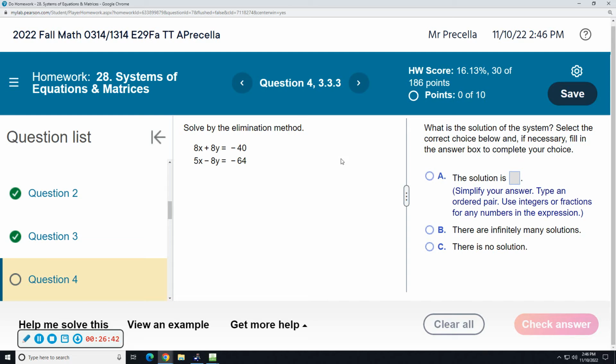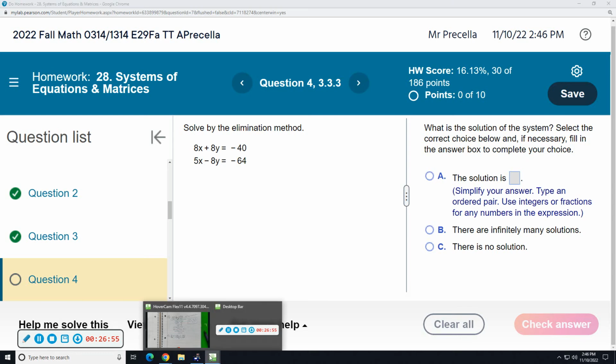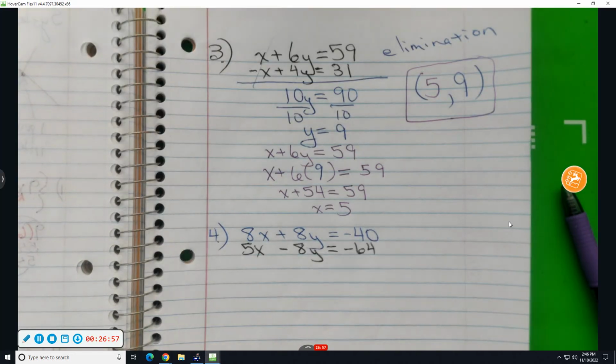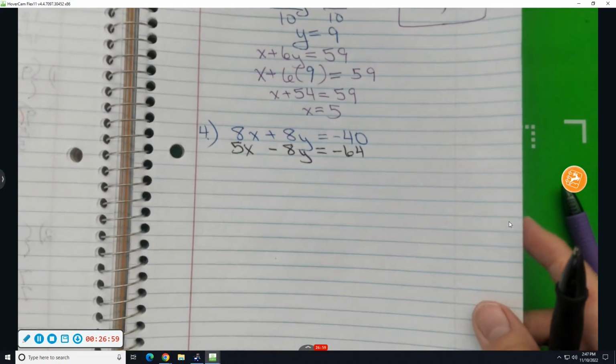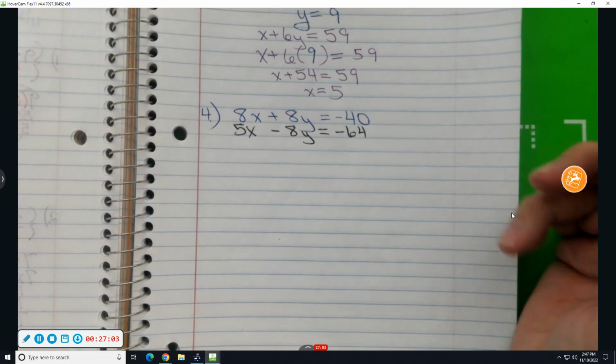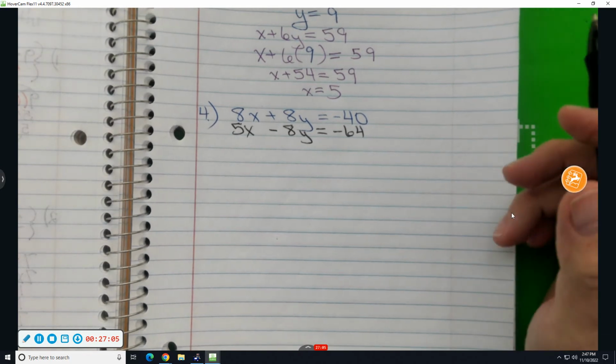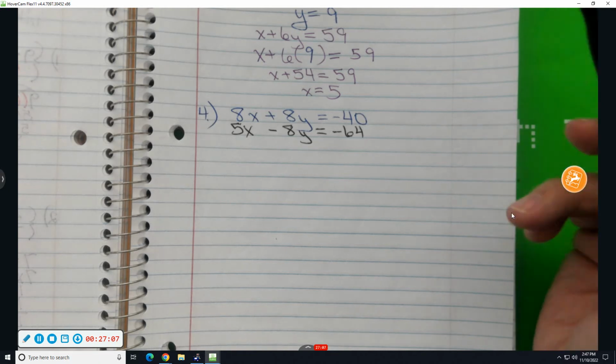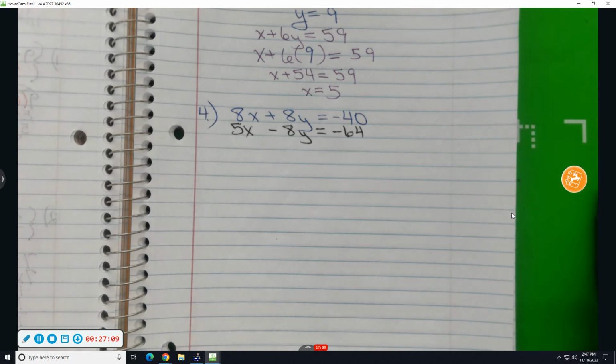Make sure I didn't miscopy the problem. 8x plus 8y equals negative 40, and 5x minus 8y equals negative 64. This was another one that's tailor-made for elimination because it already has the like variables aligned and the same coefficient but opposite signs.